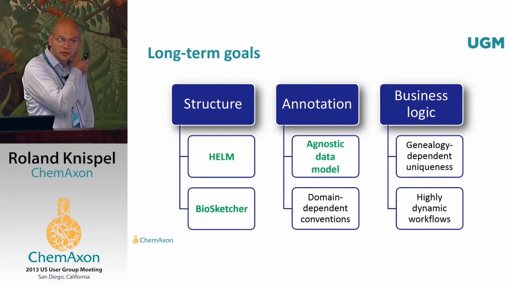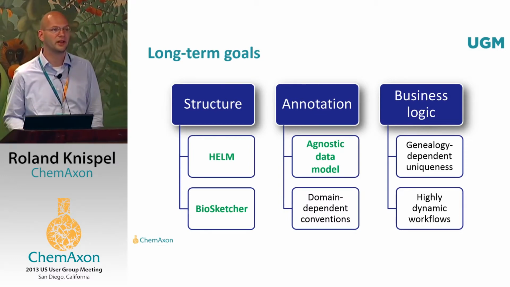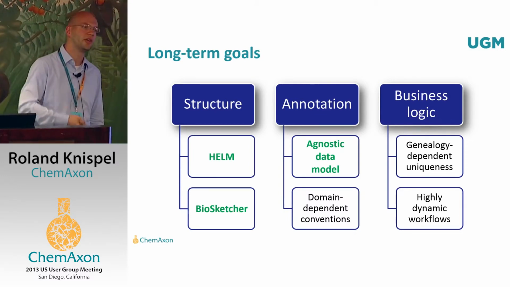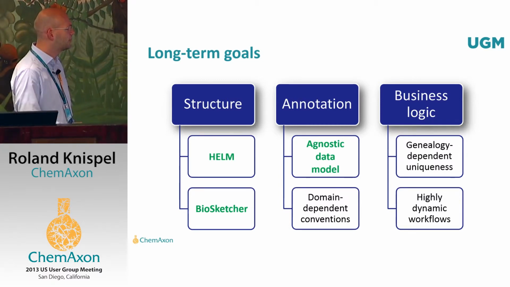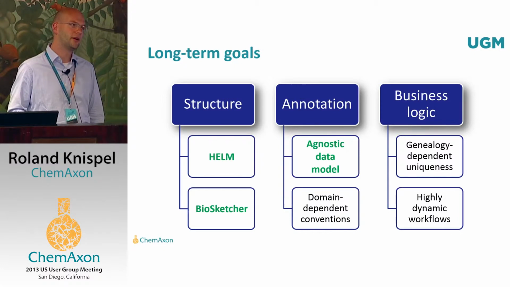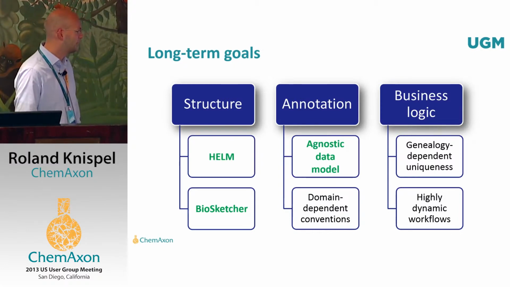Regarding descriptors, if you come up with an agnostic data model, which doesn't care about what the entities in fact are, but encodes the entities in a rules layer, then you may be flexible enough to end up with a descriptor system, or a descriptor management system, which allows exactly that.